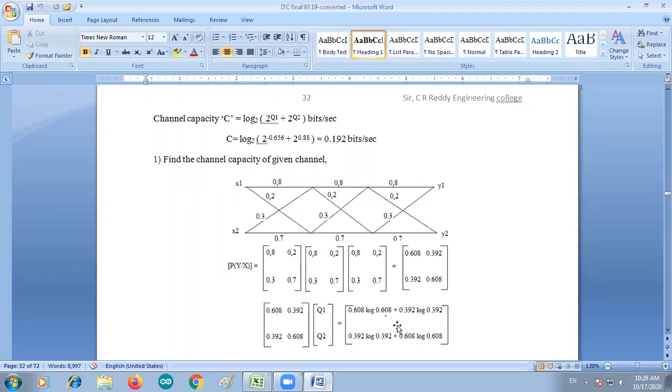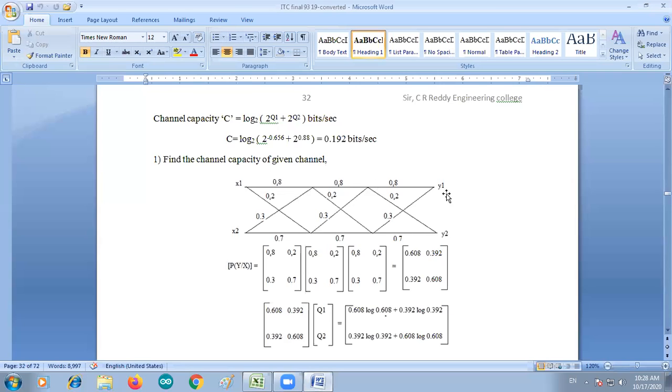Cascaded one means there are 3 channels cascaded here. In this given channel, X1, X2 are the inputs. The outputs are given to the second channel, and the second channel output is given to the third channel. The third channel outputs are Y1 and Y2. The first channel inputs are X1 and X2.